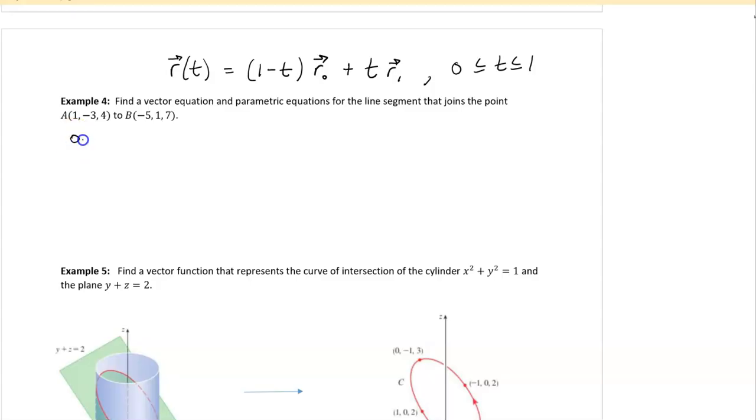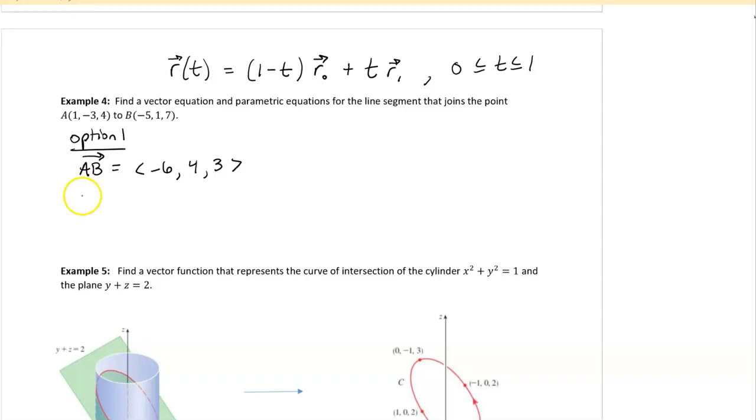If I go through the work instead of using that shortcut, here's my option. If we find the vector AB, from point A to point B, -5 minus 1, 1 minus -3, and 7 minus 4 gives us our vector -6, 4, 3.